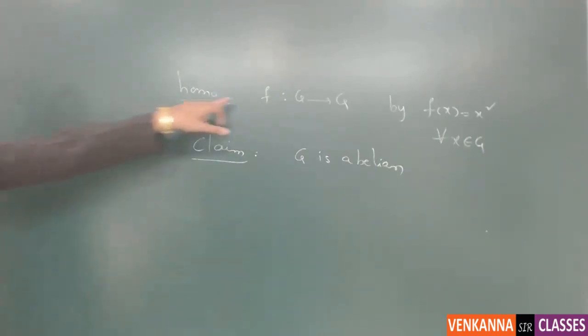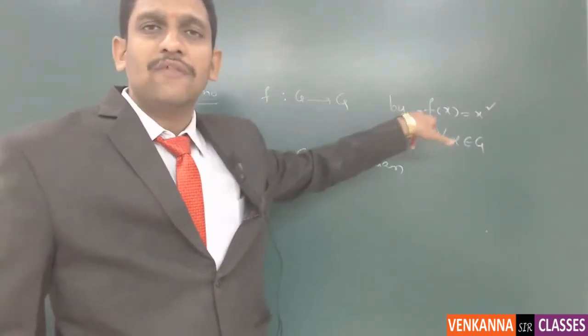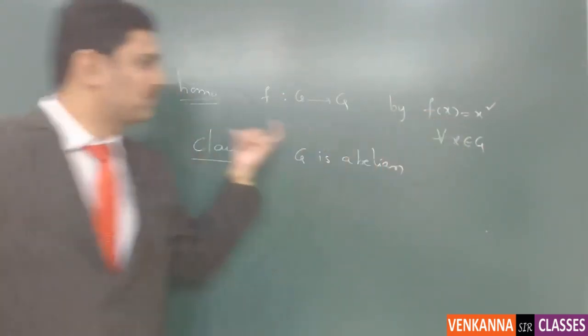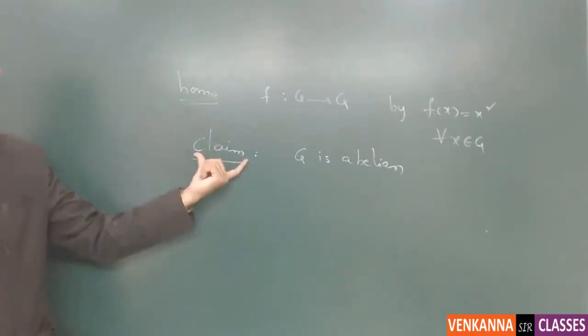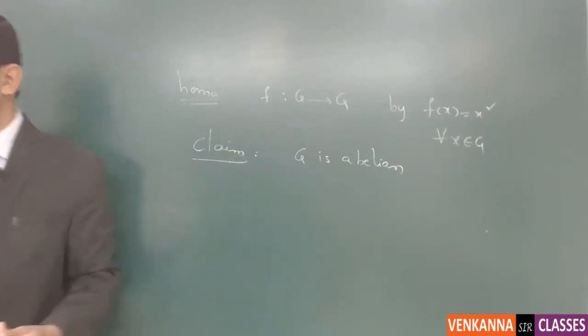So if the mapping f from G to G itself defined by f of x equal to x square is a homomorphism, then we have to show that G is abelian. This is the problem. Take a note of that.